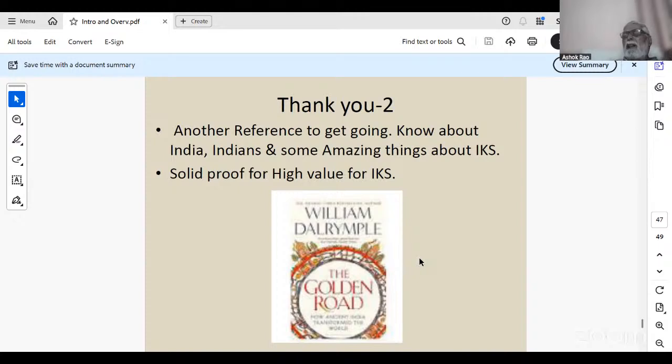Nalanda University for about 800 years was the equivalent of what is today Harvard. So very, very beautiful writing, and more interesting, William Dalrymple has at least 12 videos on YouTube about this book and other things.